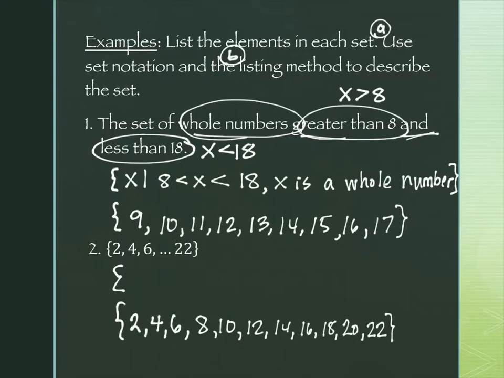And now my set builder notation, the one that I'm going to go back up to, is going to look very much like the first problem. First of all, they all look like this. Curly brace, X, bar. Always going to be like that. And then what comes next has to be describing this set. So if you look at these numbers, you can actually describe them kind of like we did with the first one.